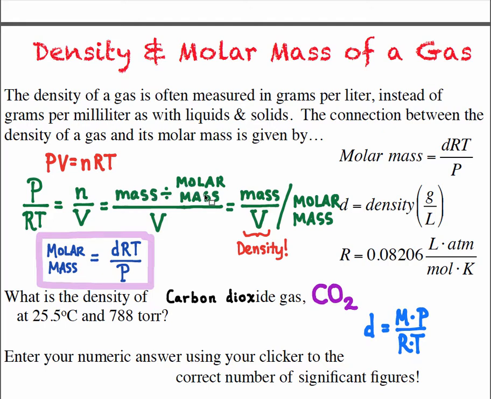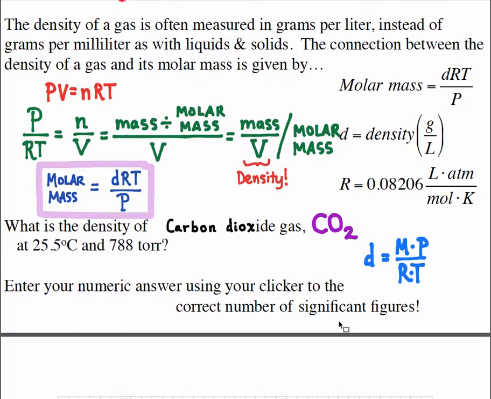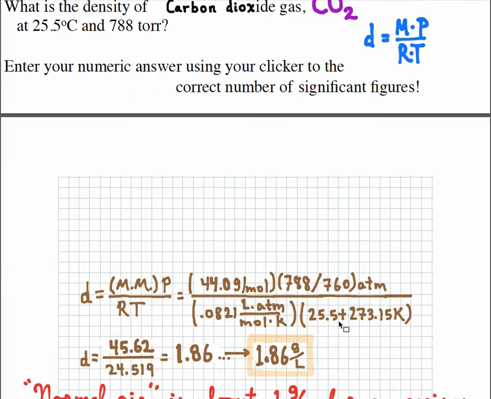So if I put the molar mass as a capital M right here, the density of the gas in grams per liter, which is mass per volume, is the molar mass times the pressure, divided by the gas constant and the Kelvin temperature. That's kind of a nice one to memorize if you can. I know you can if you have the time and fortitude.